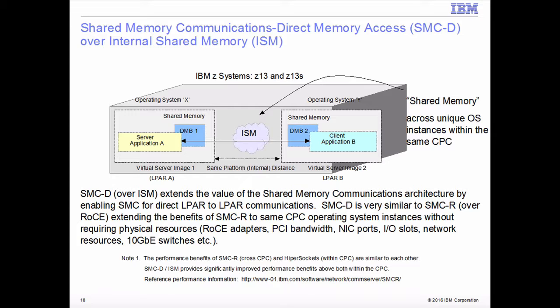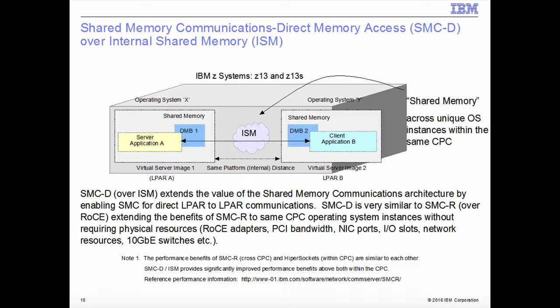So again, you do not require network adapters or consume PCI bandwidth or ports or I/O slots in your machine. Network resources like switches are not required. So basically, you get the benefits of SMC without the requirements for hardware. And so really that's the objective of what SMC-D is about.